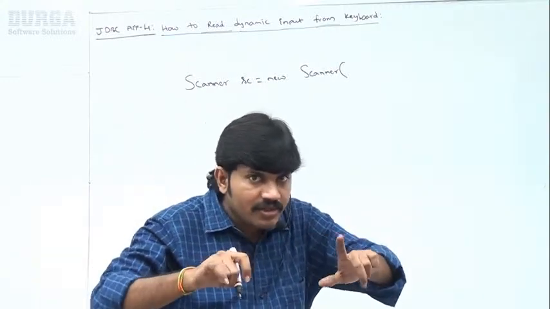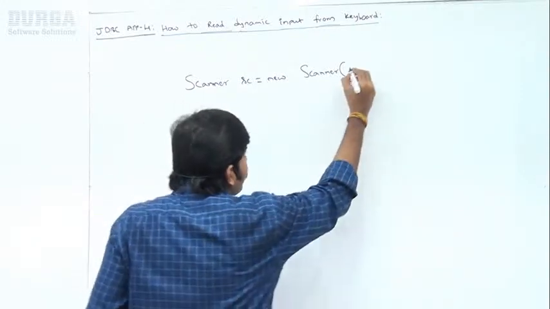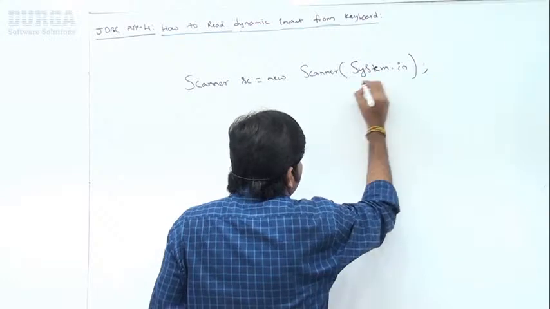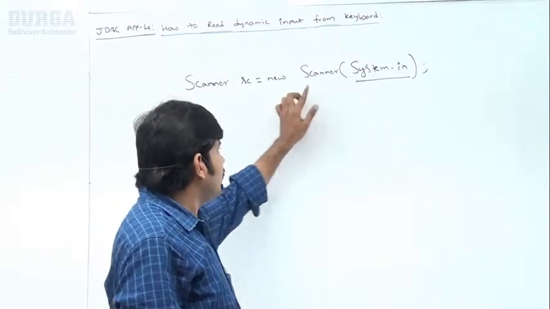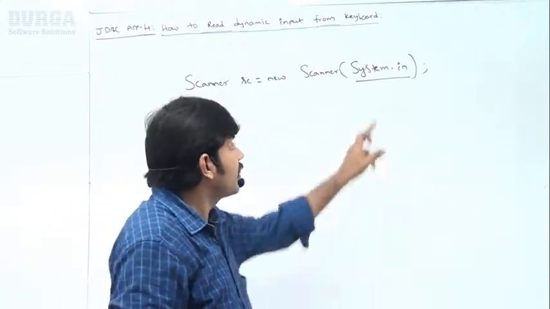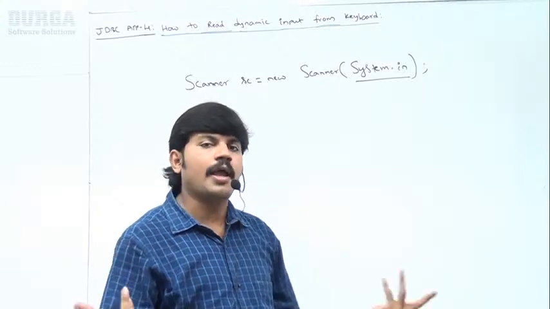From the keyboard. Keyboard is the standard input device, right? That's why we have to use System.in, standard input. This creates a Scanner pointing to the keyboard. From the keyboard, you can happily read any data.